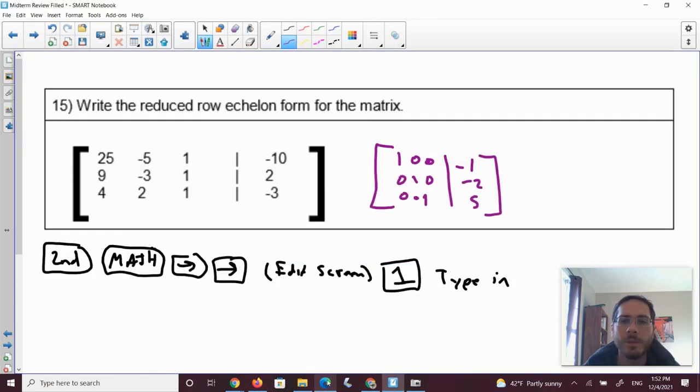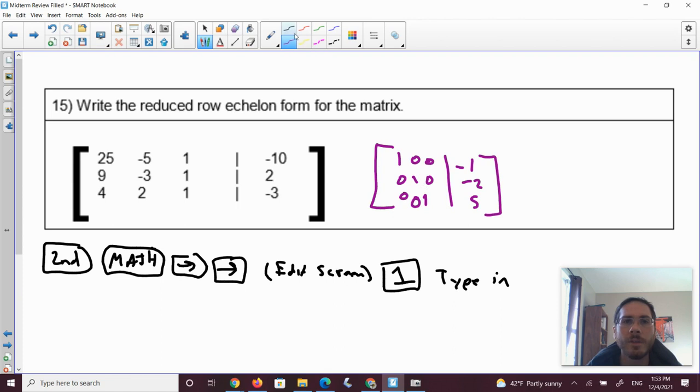Double check. -1, -2, 5. All right, sounds good. Nice thing is, again, with the 3x3 matrix, we always want to have this diagonal matrix with the 1s and the 0s. So that part's pretty quick because that's going to be the same for every single one of these matrices. It would be a 3x3 augmented with the solutions over here.